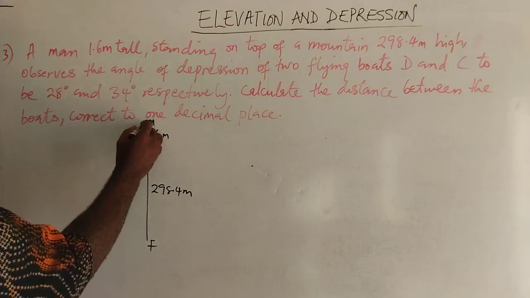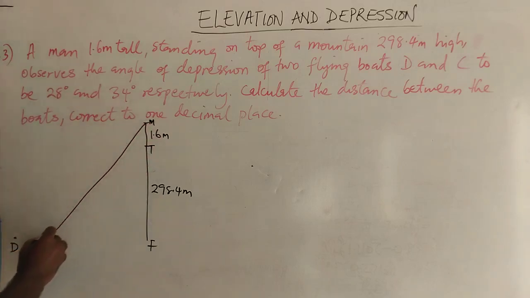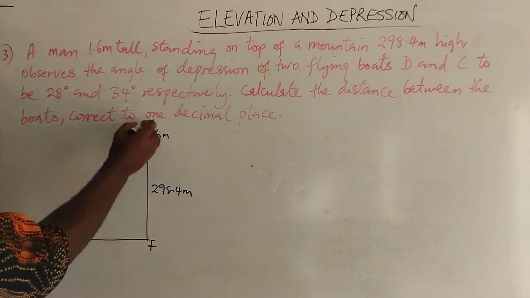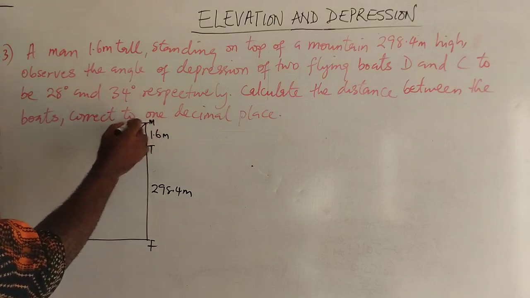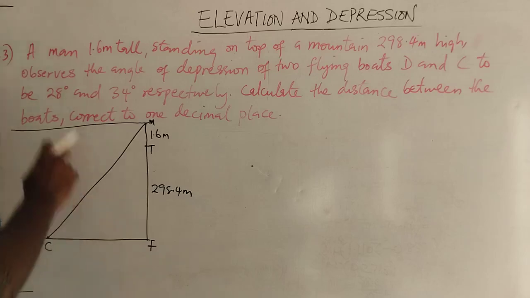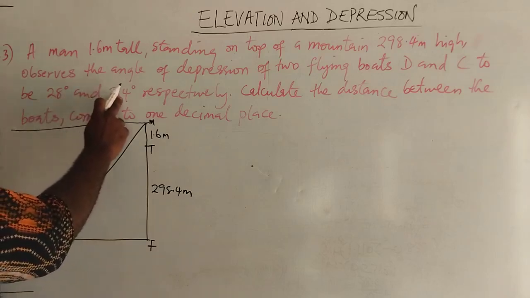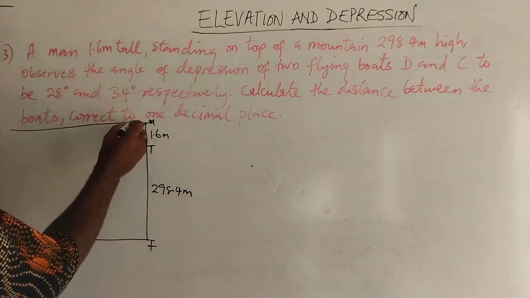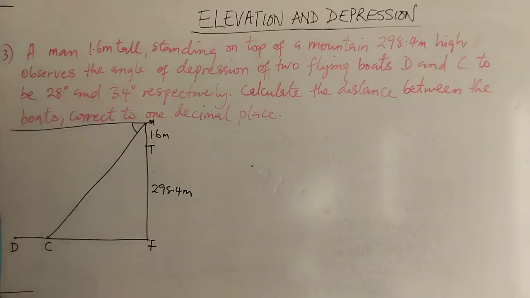So this man observes this flying boat C. Remember, all of them will be on the same horizontal ground. Now, this man, the observer, will have his normal. Now, the angle of depression, the 34 degrees, which is for C, will be between the normal and the depression line.